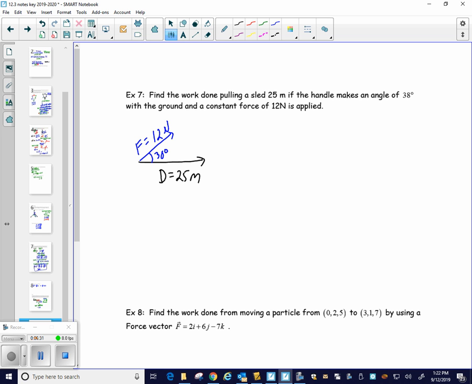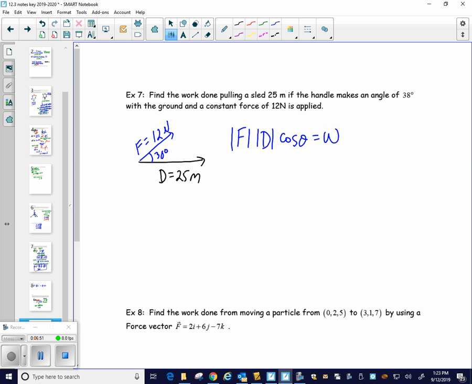So we are given the magnitude of the distance, 25, the magnitude of the force, which is 12 newtons, and the angle in between. So it makes sense in this case to use magnitude F, magnitude D, cosine theta. That'll give us our work done.